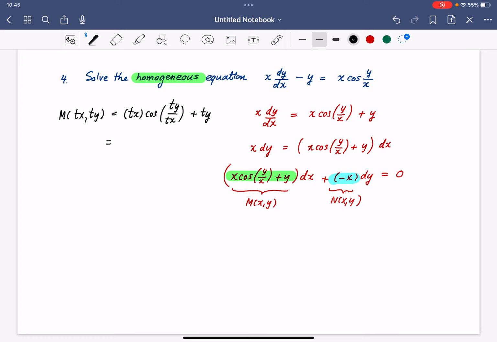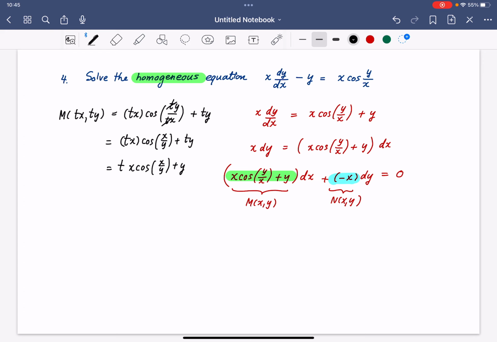Then you plug in. The one I highlight in green is the function M, and I plug in tx and ty. So I get back tx cosine(x over y) plus ty, because t is going to cancel one time. Now you can pull out t, so it's t times x cosine(y over x) plus y.